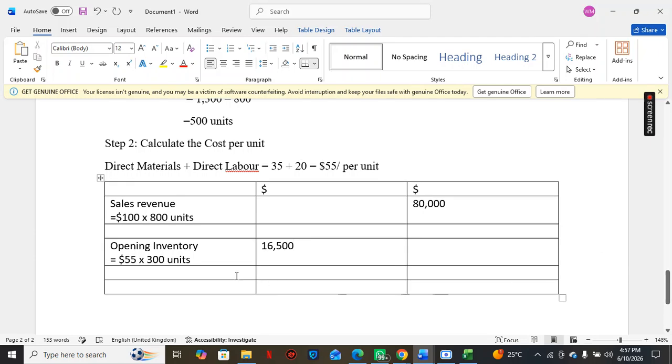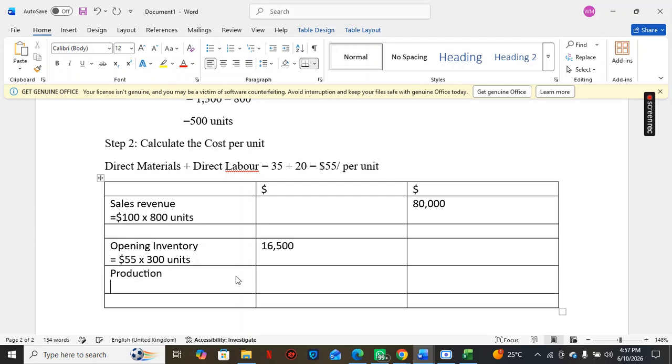Then production costs: again, $55 multiplied by 1,000 units that were produced gives us 55,000. So 16,500 plus 55,000 is 71,500.